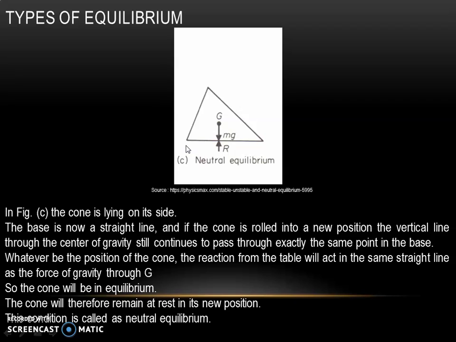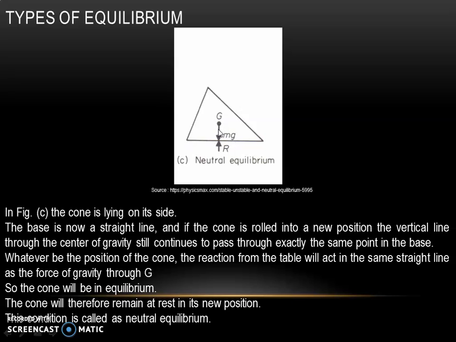And here we can see that the cone is lying on its side. The base is a straight line, and if this cone is rolled into a new position, the vertical line through the center of gravity G still continues to pass exactly through the same point in the base.